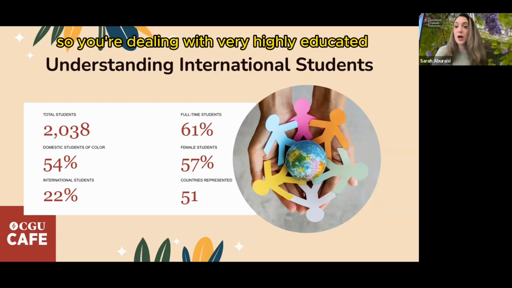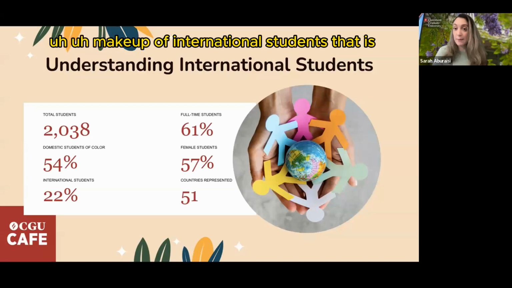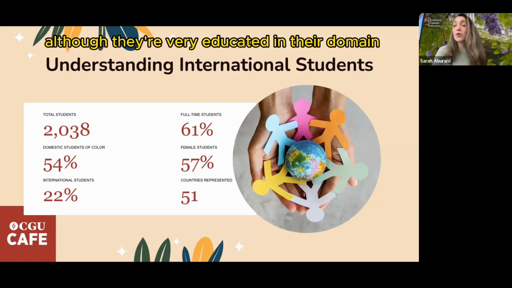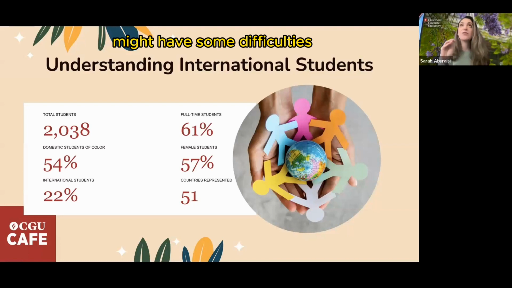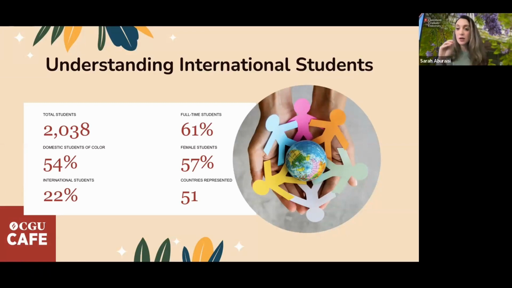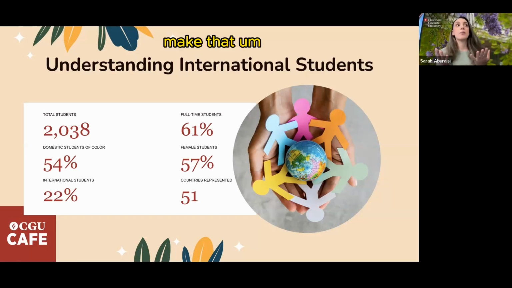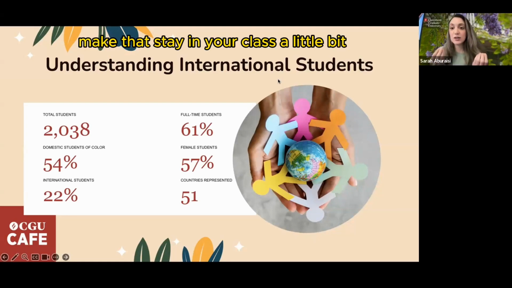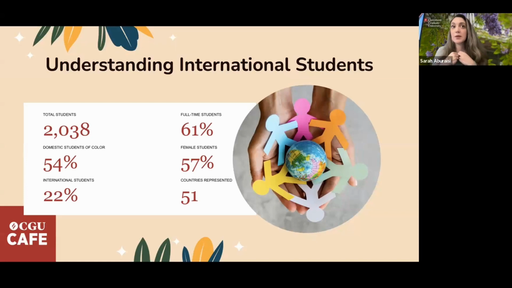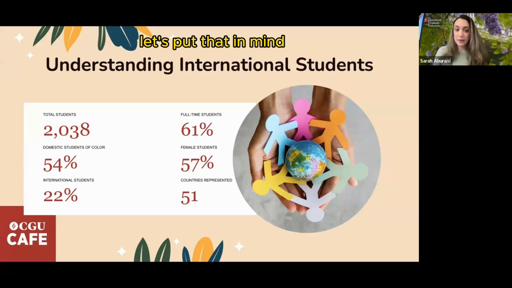So you're dealing with a very highly educated group of international students who, although they're very educated in their domain, might have some difficulties from their stay in a new place. That might make their time in your class a little bit more challenging for them. So let's keep that in mind.